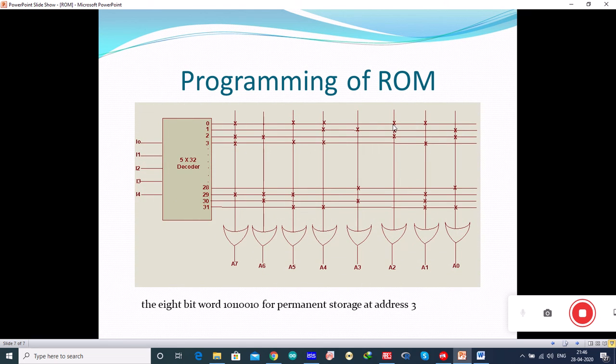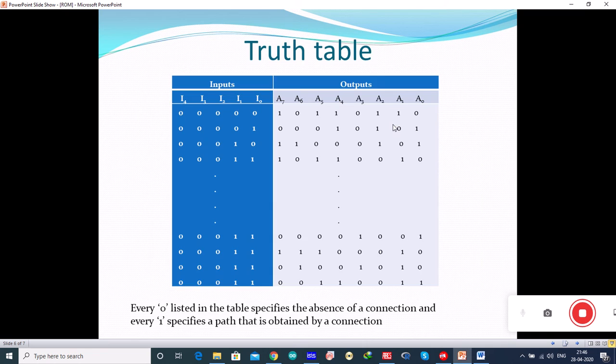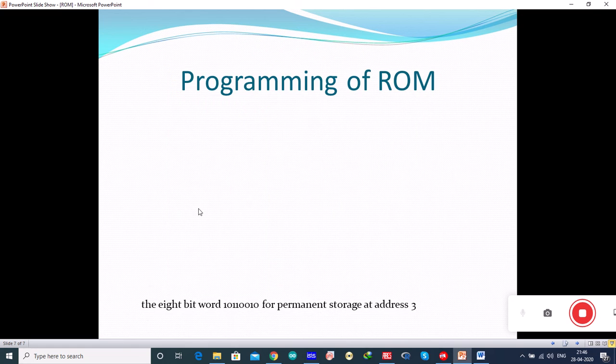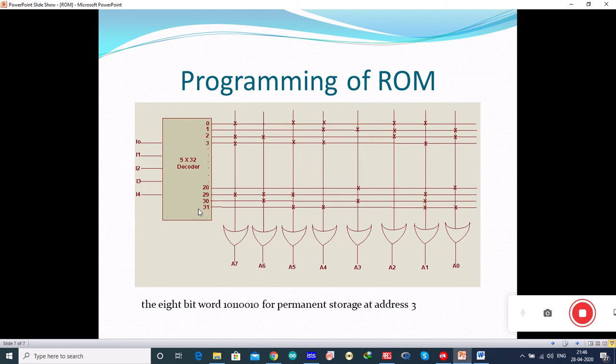For example, the table specifies the word 10110010 for permanent storage at the address 00011, that is, at address 3 you have 10110010. Wherever you have 1 there is a cross mark.